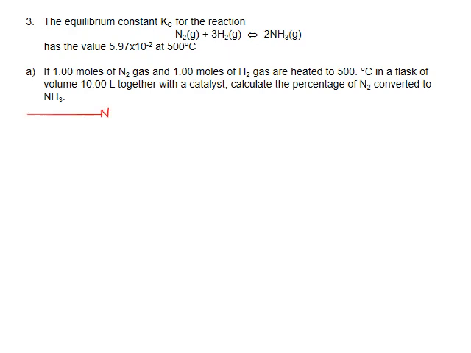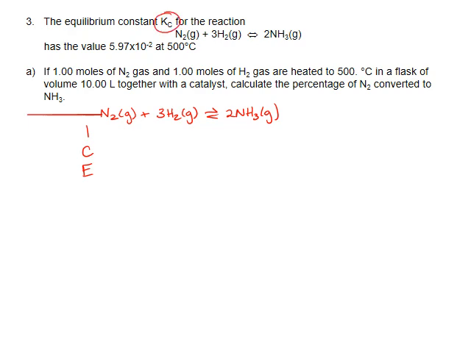So again, we want to start by writing the equation for our balanced chemical reaction, and setting up our ice table. Notice that we're given Kc again in this equation.